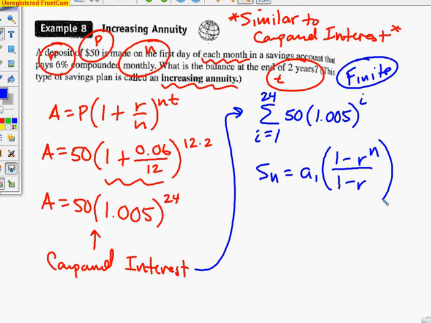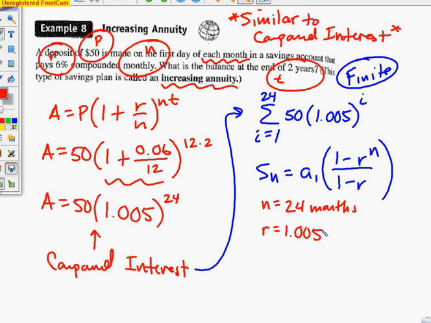And I need those three numbers. Okay? So I'm going to do it in red right here. So n is the number of terms. I equals 1 to 24. 24 months in your 2-year span. R is what your common ratio is. 1.005.